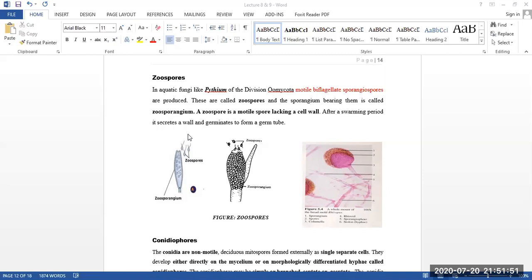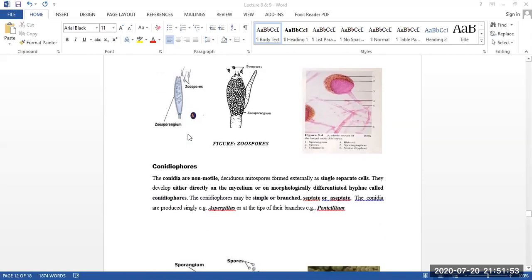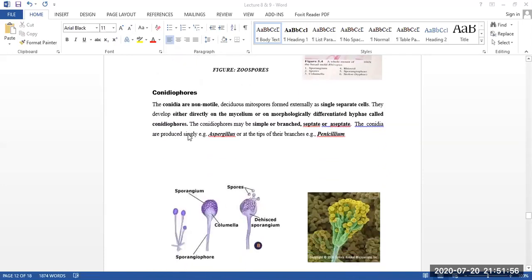So that is sporangiospores and zoospores, and our third one is conidiophores. First of all, the conidia are non-motile. The mitospores are formed externally as single separate cells.